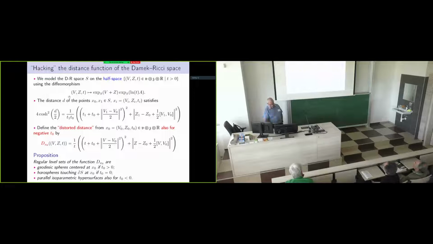We take the sum of V and Z, its exponential image will be an element in the nilpotent part, and multiply it with the exponential of the logarithm of t times A. So A was a basis vector in Gothic A.